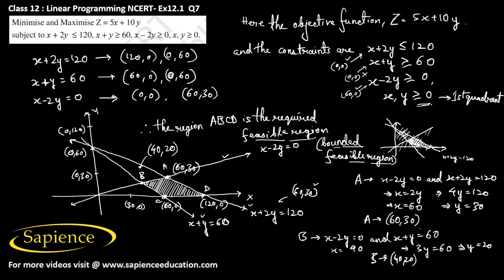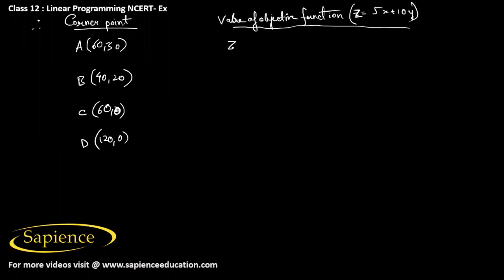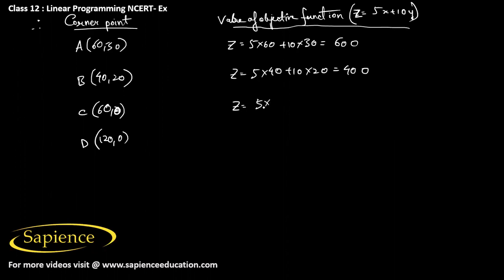So therefore the value of z here will be 5 into 60 plus 10 into 30. So it is 300 plus 300, it is 600. And the value of z here will be 5 into 40 plus 10 into 20. So 200 plus 200, so it is 400. And the value of z here is 5 into 60 plus 10 into 0.